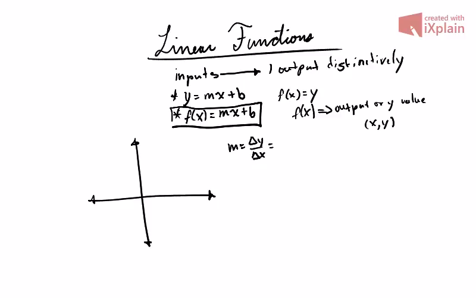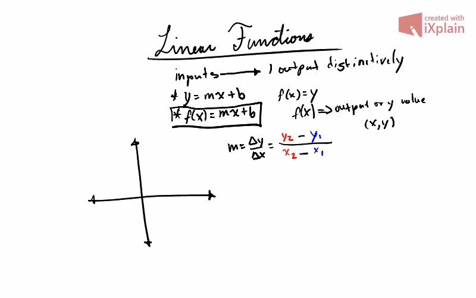In truth, it is the difference of y2 minus y1, all divided by your x2 value, your second point, minus the x1 value.